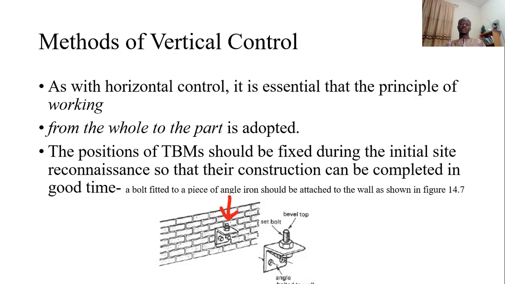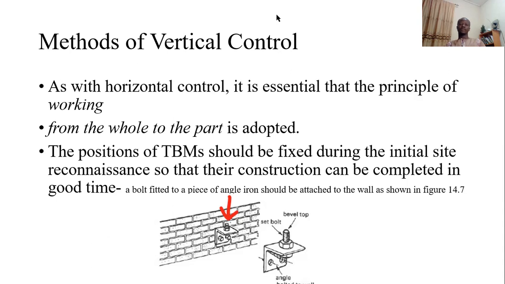So typically what you see on the board is a bolt, which is fitted to a piece of angle iron. Angle iron looks like it's angled, isn't it? Where's my whiteboard? It's disappeared. Where did it go?